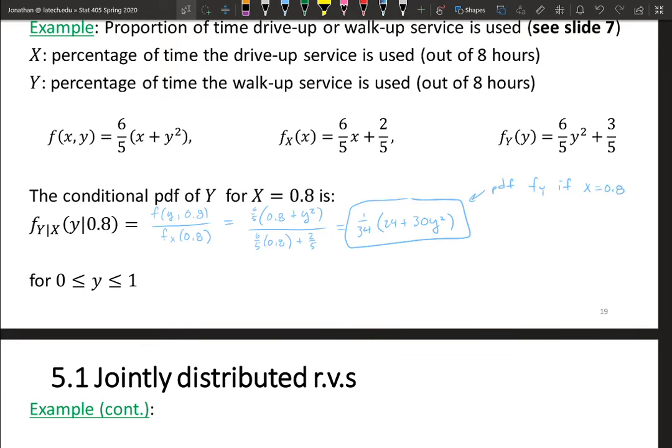So given that X is 0.8, the conditional PDF.